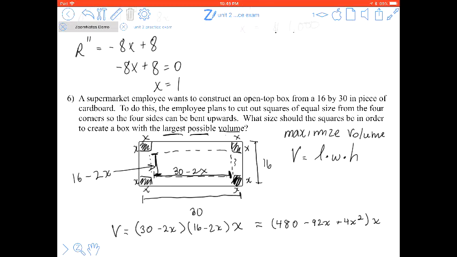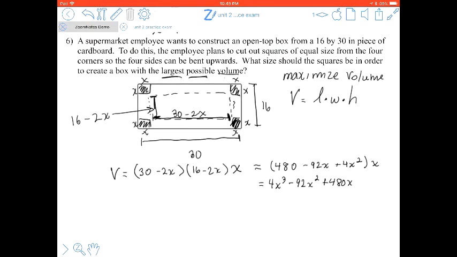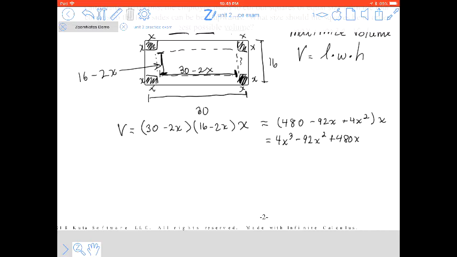So multiplying this all out, we're going to have 4x cubed minus 92x squared plus 480x. Now if we do a derivative, then we would get 12x squared minus 184x plus 480.